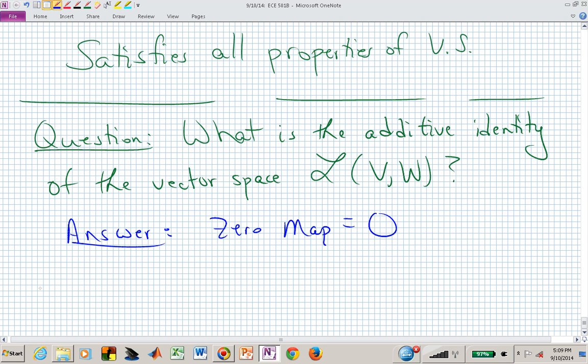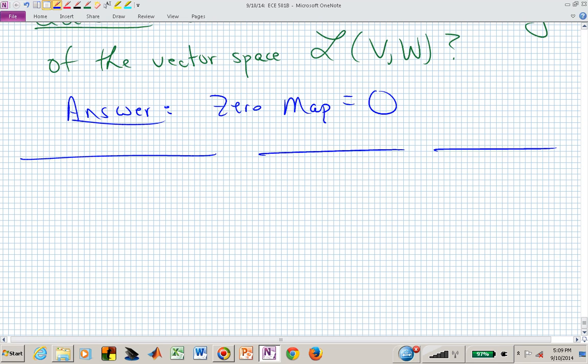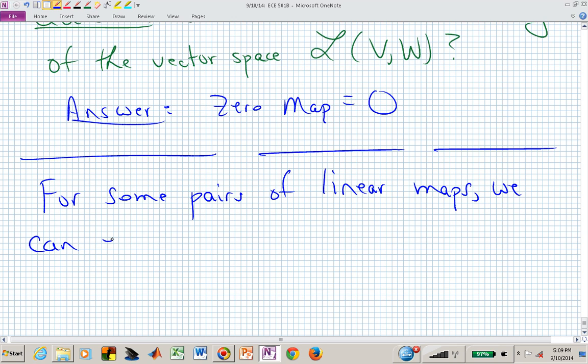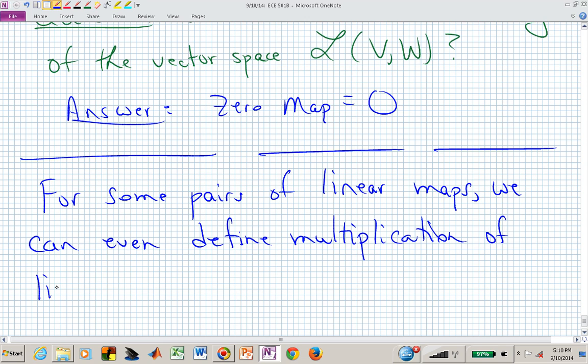Now, with some of these linear maps, you can actually compose them. For some pairs of linear maps, we can even define multiplication of linear maps.